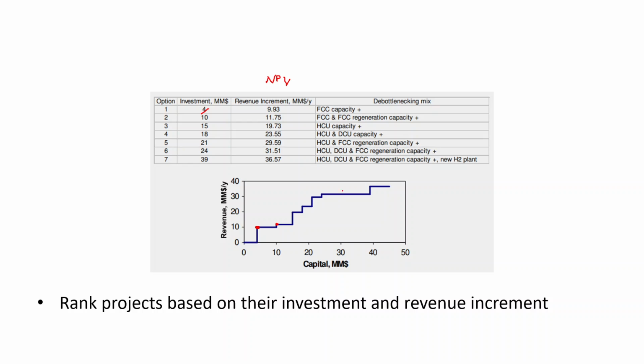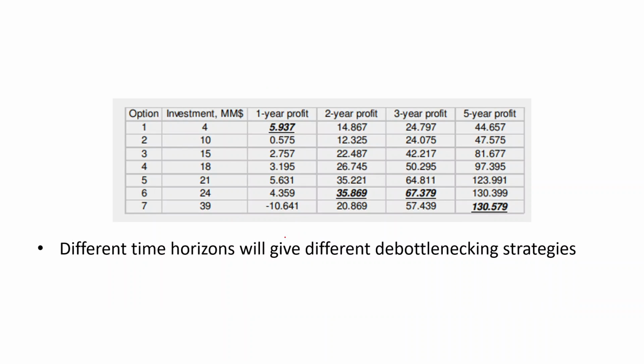So they make these staircases in such a way that they can visualize this, and then choose which project they have to move forward with. And yeah, they can also do NPV calculations. They calculate the first year, second year, third year, and so on, to give the signals on which investment they have to go through.